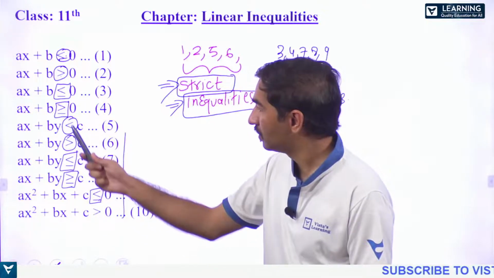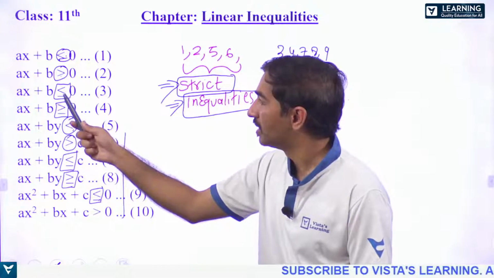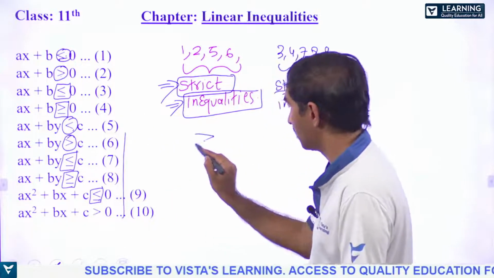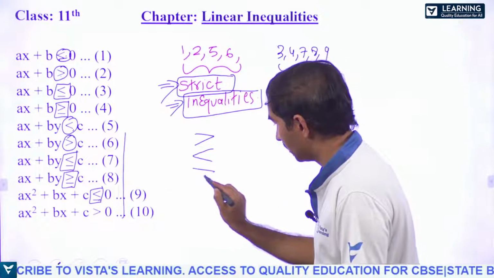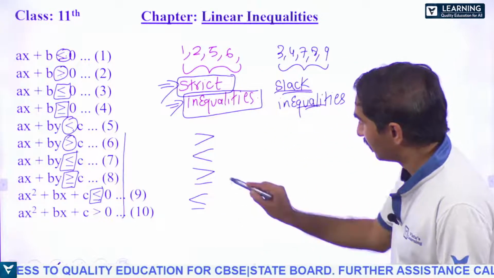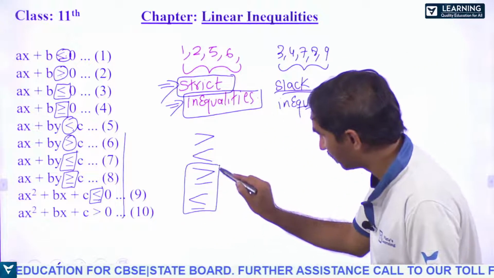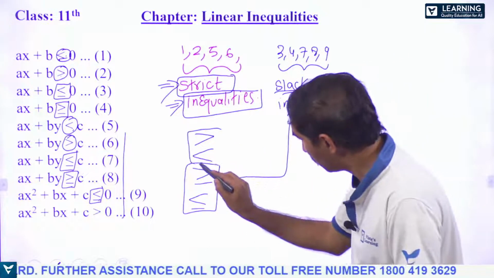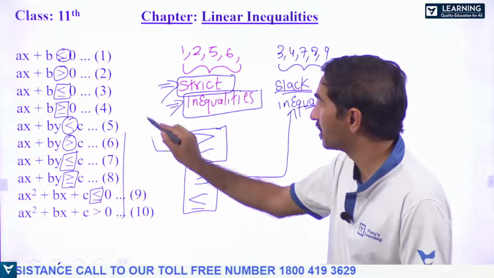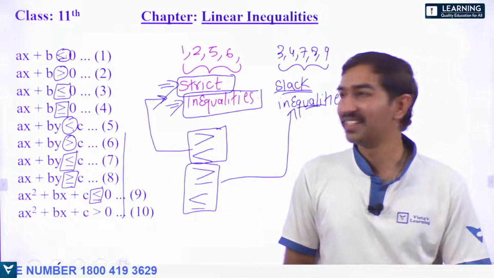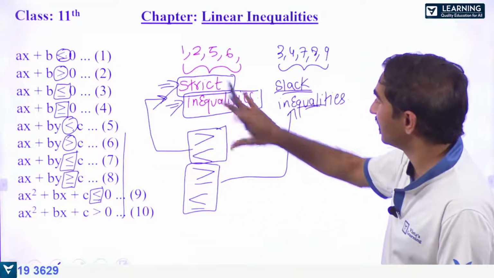So four signs we are using, students: greater than, lesser than, greater than or equal to, lesser than or equal to. If we are using the equal to sign, it is called slack inequalities. If we are using only greater than or lesser than without an equal to symbol, it is called strict inequalities. Got it? That is why we are classifying these as strict and slack.